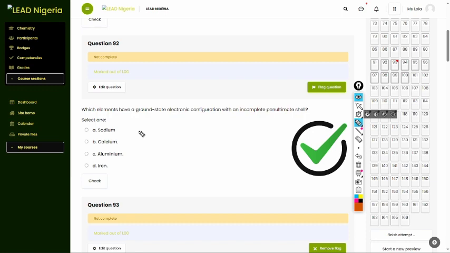So starting with sodium, sodium has an atomic number of 11. So the configuration would be 1s2, 2s2, 2p6, and 3s1. The penultimate shell here will be 2p before 3s, which is complete because it has 6 electrons.